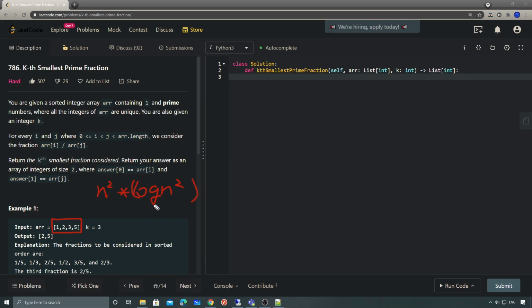That's going to be the total time complexity for the brute force way. Then we just get the kth element from the sorted list. But that's obviously not a very efficient solution because we're not utilizing this sorted array property.